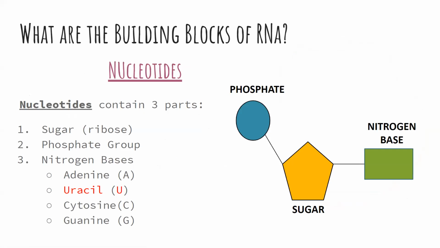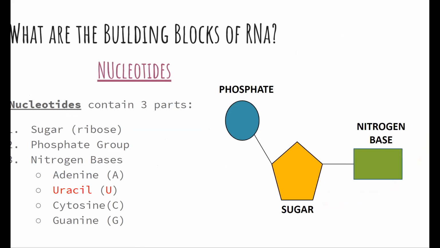The building blocks of RNA are very similar to the building blocks of DNA. The building blocks of RNA are nucleotides, and they contain 3 parts as well.